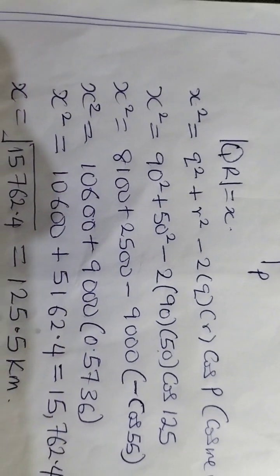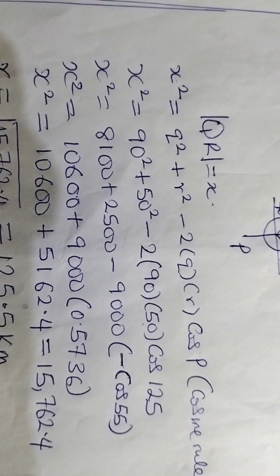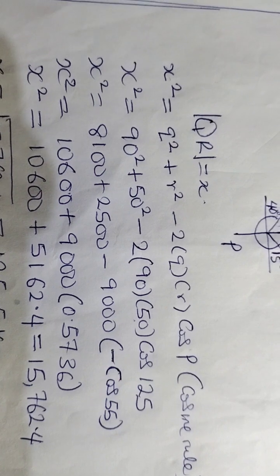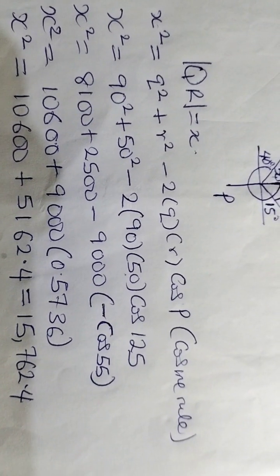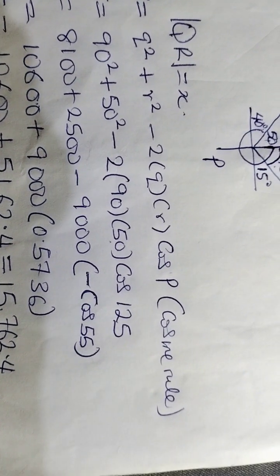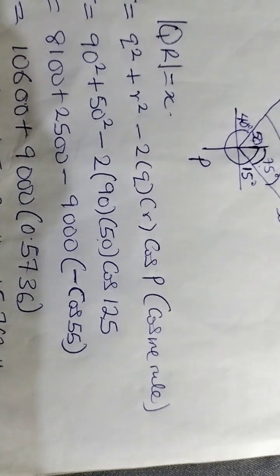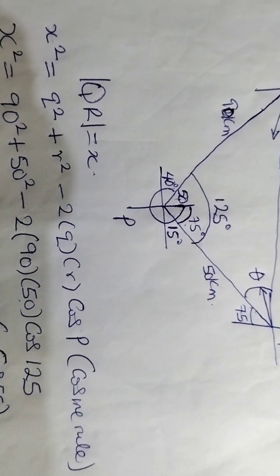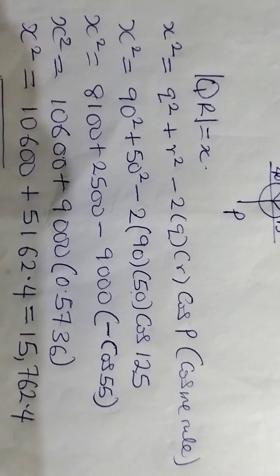Then making substitution, S squared becomes equal to 90 squared plus 50 squared minus 2 times 90 times 50 cos P. That is cos of the angle of P, which is 125, sorry.